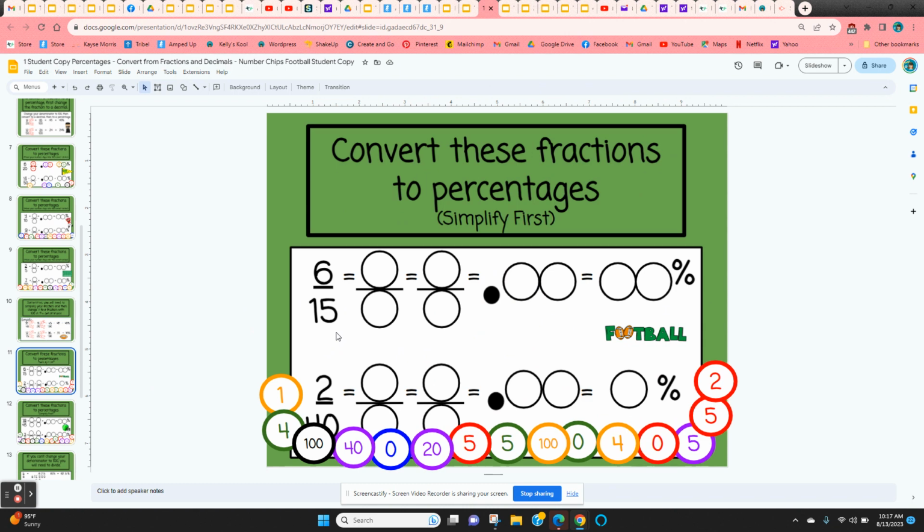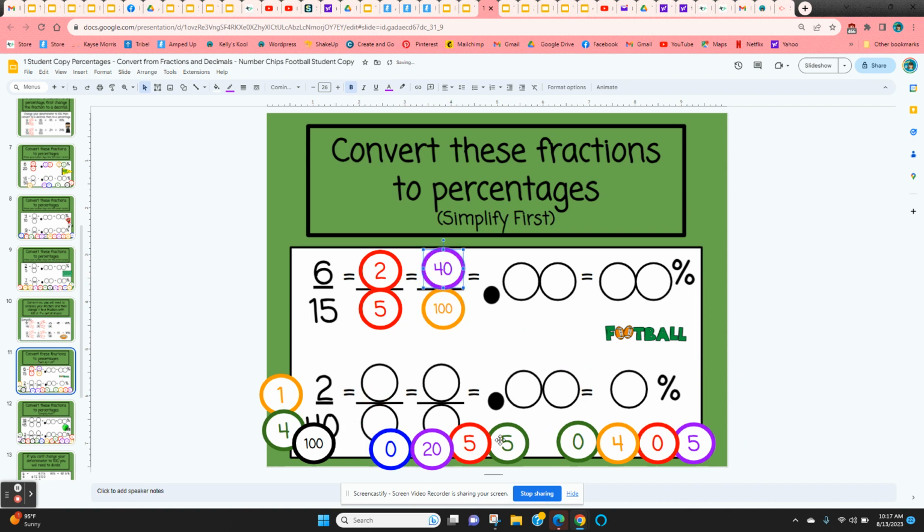So if I simplify 6/15, I can divide numerator and denominator by 3. That would give me 2/5. Now I can multiply 5 times 20 to get 100. If I multiply the numerator times 20, I get 40. So 40/100ths.